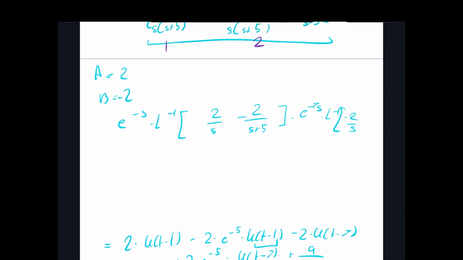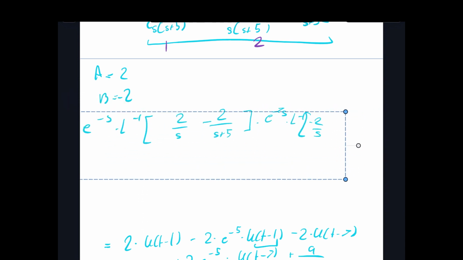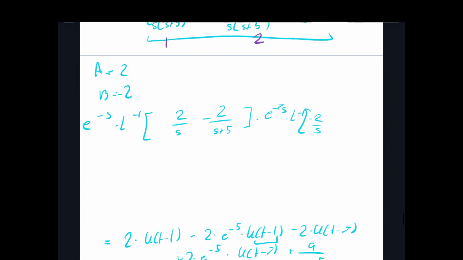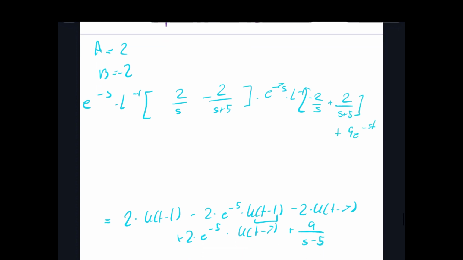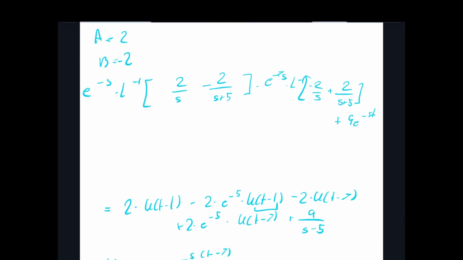This is negative 2 over s plus 2 over s plus 5, plus 9e to negative 5t. There you go. And then since we have the e to negative s on the outside, we make this u at t minus 1 times t minus 2 e to the negative 5. Make sure you sub it back in.